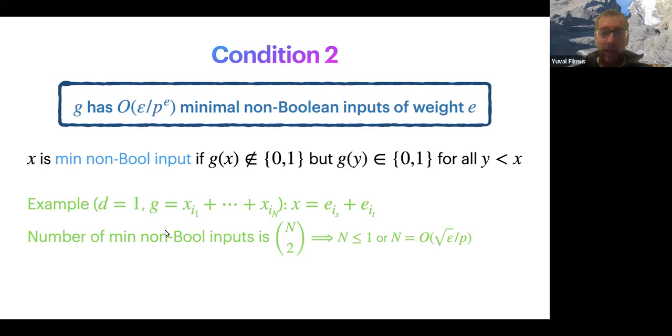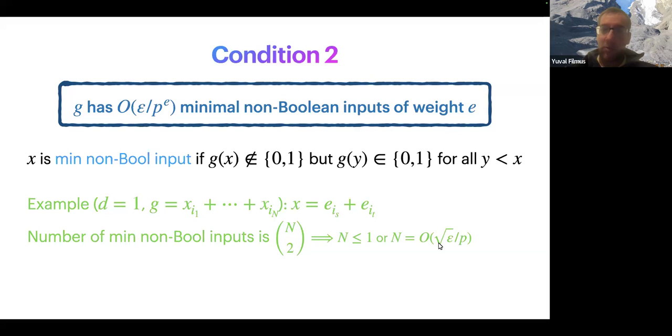What this condition says in the case d equals 1: the number of minimal non-Boolean inputs is exactly n choose 2 for this example. Either n is at most 1, or if not, then this is like n squared. And since n squared has to be order epsilon over p squared, you conclude that n is order square root of epsilon over p. So this condition translates to a bound on n in the case d equals 1.